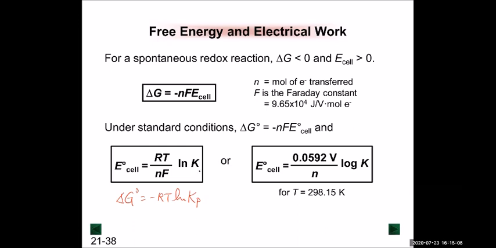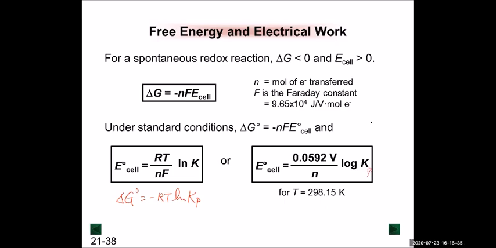In our test, I believe you'll be given the left-hand equation, because it is more universal. So you can see the standard cell potential of the redox reaction is related to the equilibrium constant for the reaction.